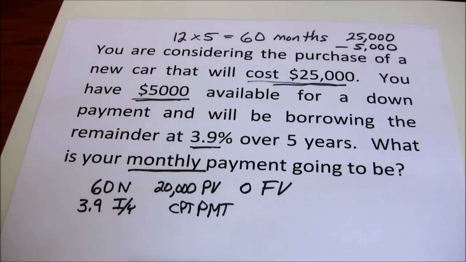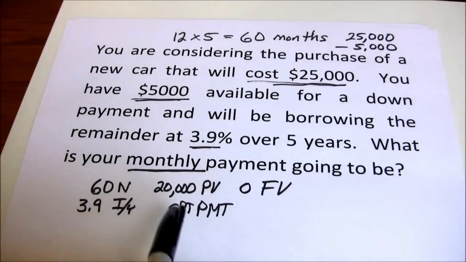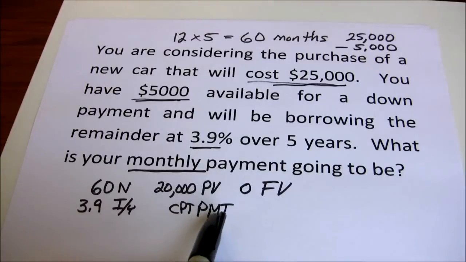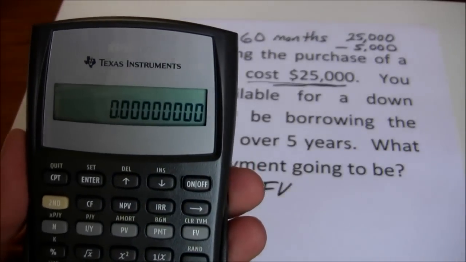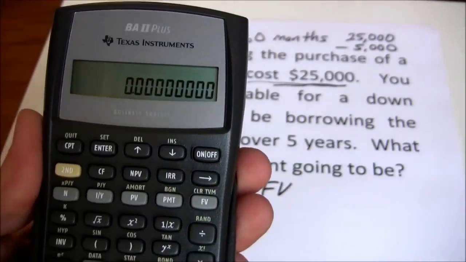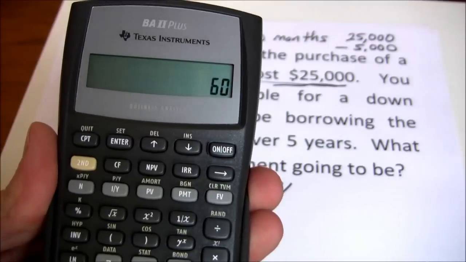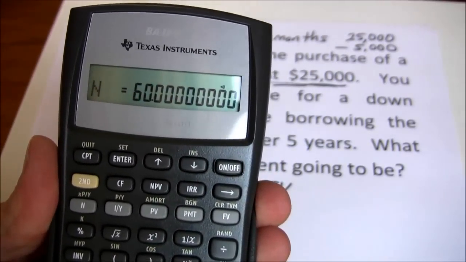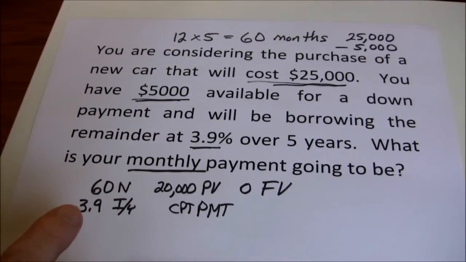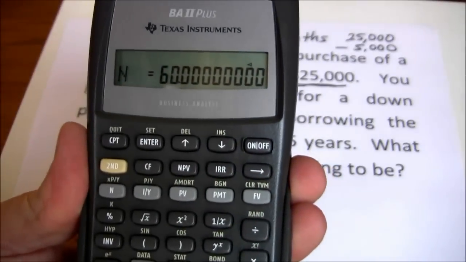Now let's go ahead and put that into our calculator. Remember, the compute is always the last thing, so that's the last thing we want to do. We already set up our periods per year to be 12. So now we want to put in the 60N. Our I/Y is the 3.9%.